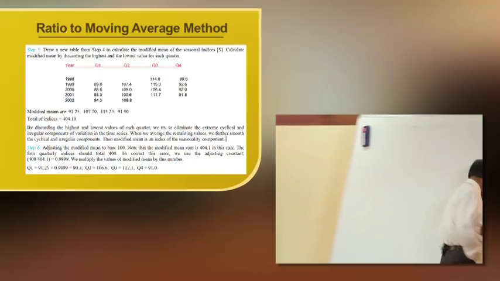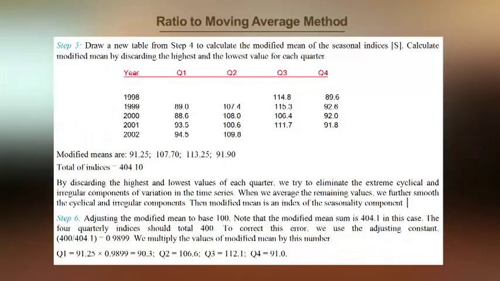Let me take the calculator. 89 plus 88.6 plus 93.5 plus 94.5 divided by 4 is 83.9, whereas the modified mean for quarter 1 is 91.25. So, it is not the simple mean of these 4 values. Please note, this is not the simple mean of these 4 values.